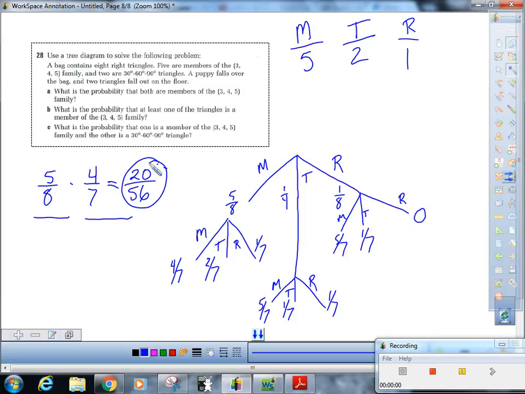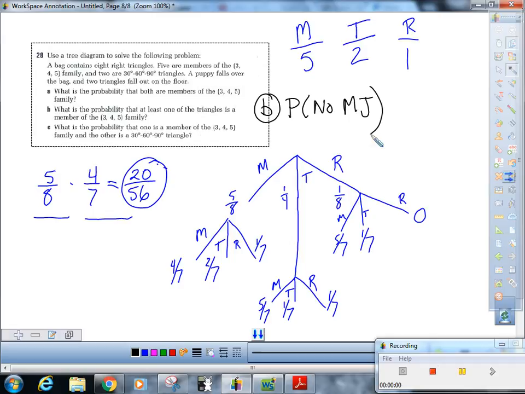B, what's the probability that at least one of the triangles is a member of a 3, 4, 5 family? This is awesome. At least is a hard thing to calculate. So what we want to do in part B is find the probability that we do not select a Michael Jackson triangle.